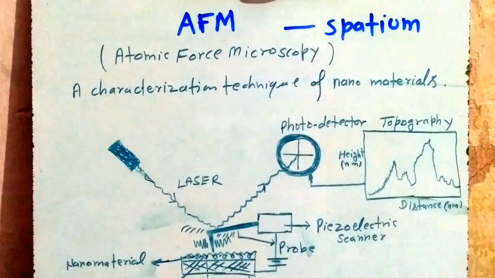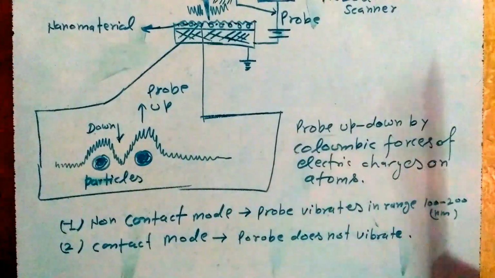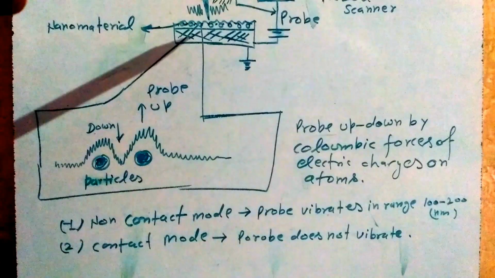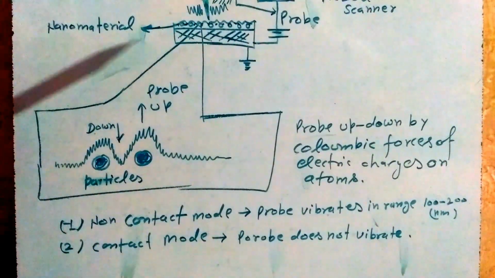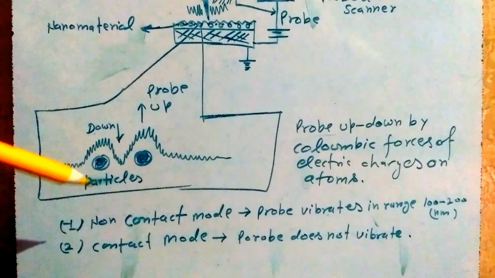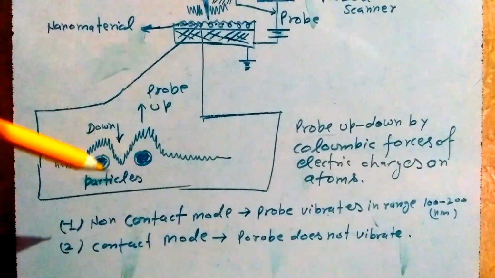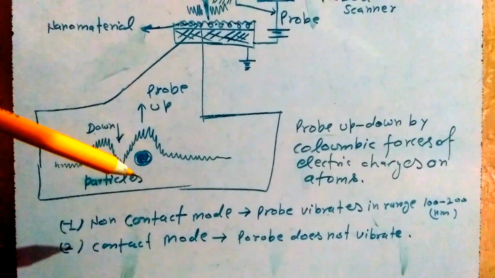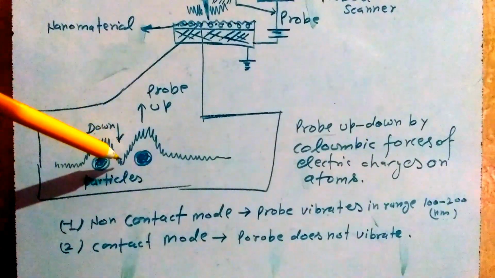Then next is the probe, and as you can see here, if you zoom in on what is happening on the surface of the nanomaterial, when there is an atom, the probe is repelled because of the Coulombic force, and if there is a gap between two atoms, then the probe dips down onto the surface.